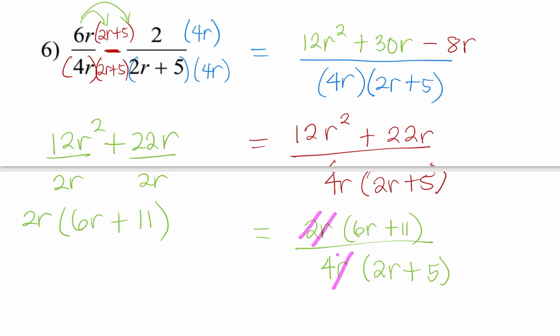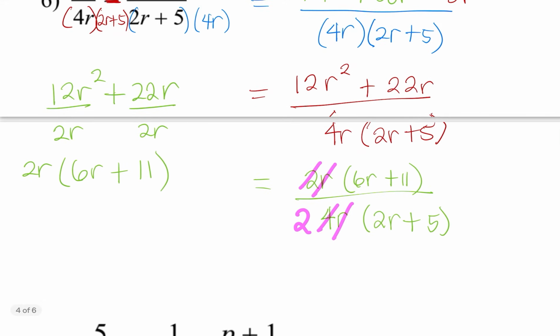So the 4 will turn out to be a 2. So this will leave us as our final answer, which is 6r plus 11 over 2r plus 5. And let's not forget the 2 that goes with it. Here's our final answer.